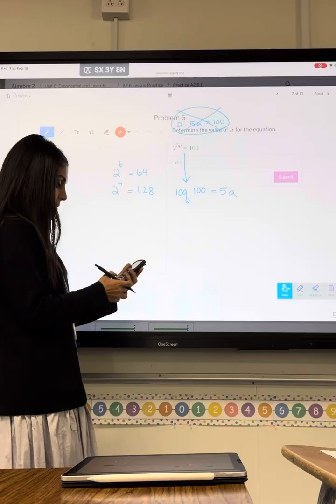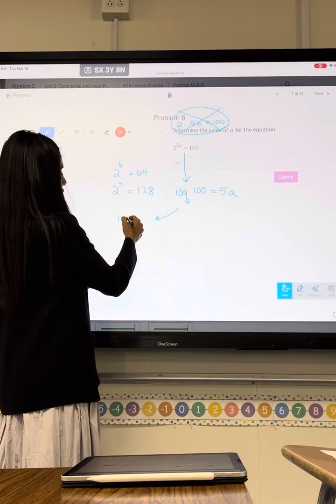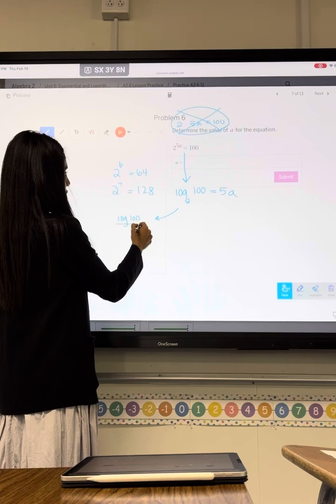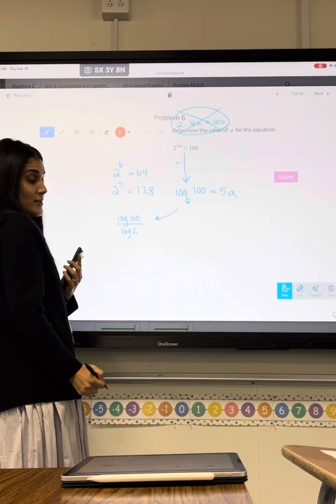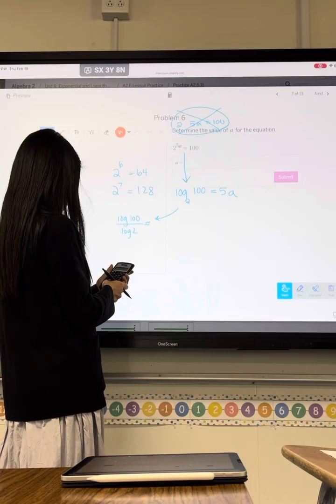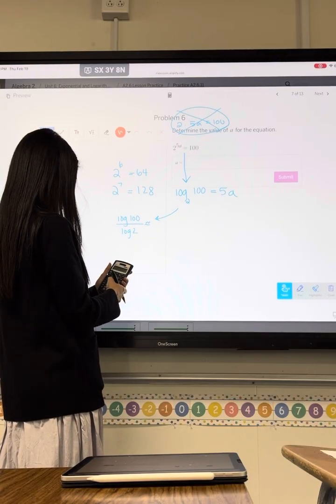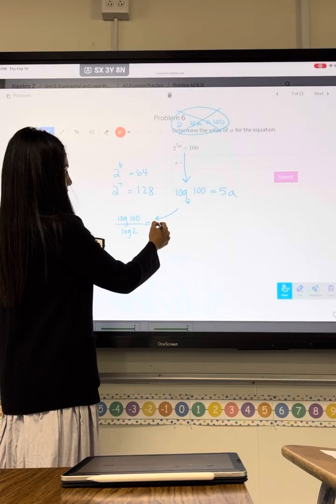However, I know some of us might be uncomfortable, and we might come off to the side and do the change of base formula to say that log of 100 divided by log of 2 is equal to that. And then we go to our calculator to get that this is about 6.6.